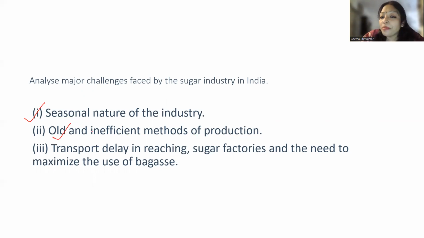Old and insufficient methods of production, still the traditional methods we are following. We have not upgraded ourselves, so that also is a problem, one of the challenges faced in the sugar industry. Transport delay in reaching the sugar factory needs to be minimized. Let me give you a simple understanding. Suppose this is my sugar cane.